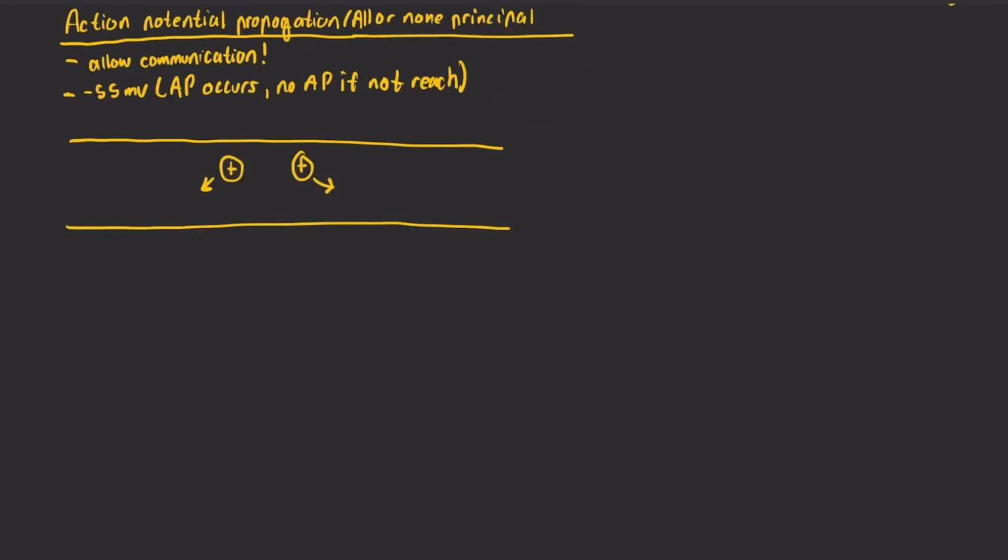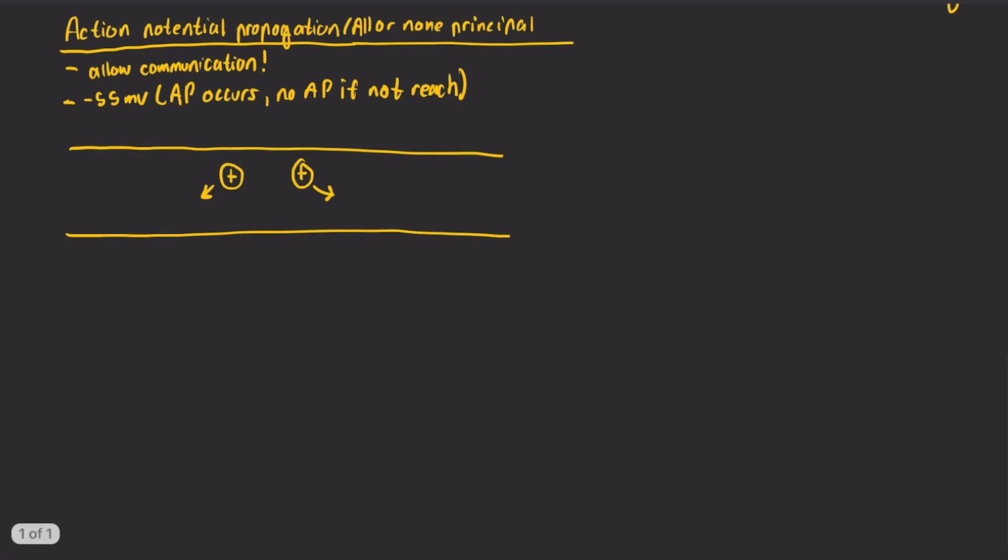Now that these action potentials allow for communication, the way that these charges will work is that they will actually go in both directions. So as you can see here in this diagram, the charges will go in both directions of the axon. However, the action potential itself only occurs in one direction.